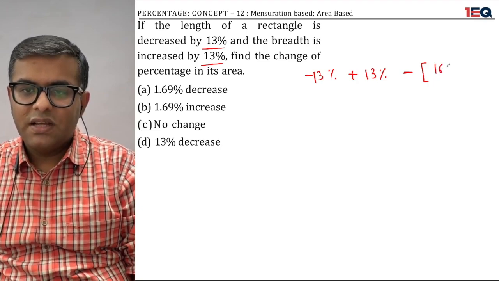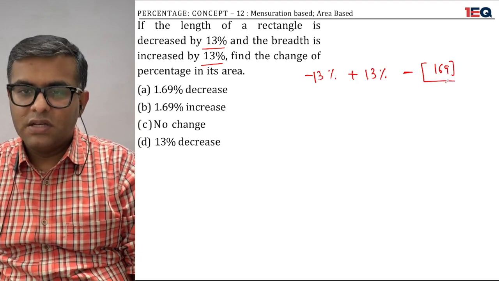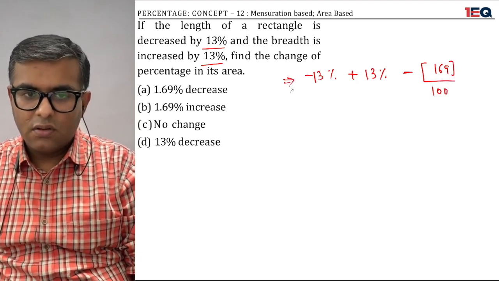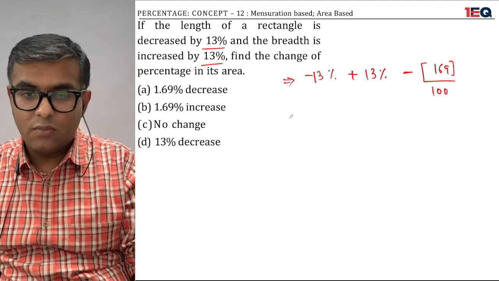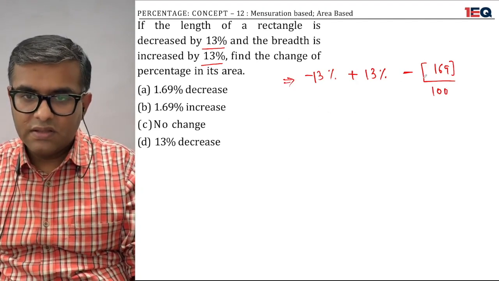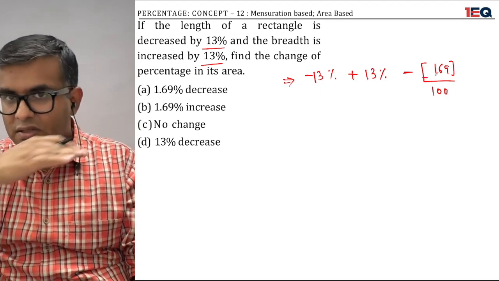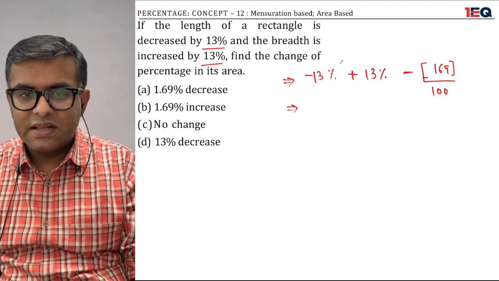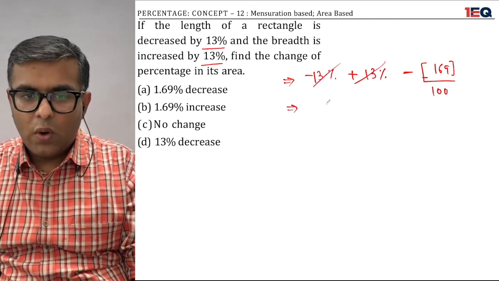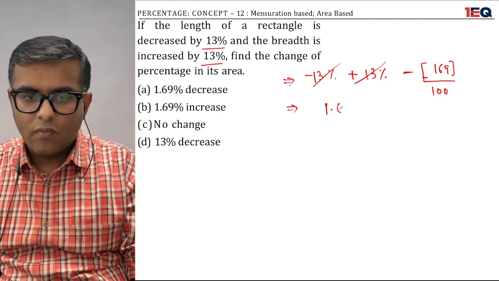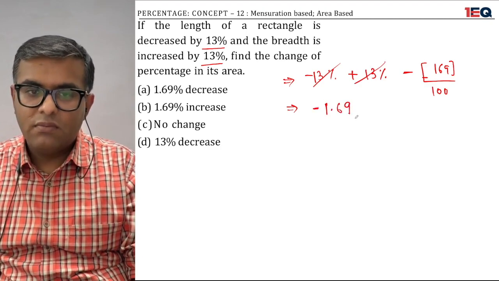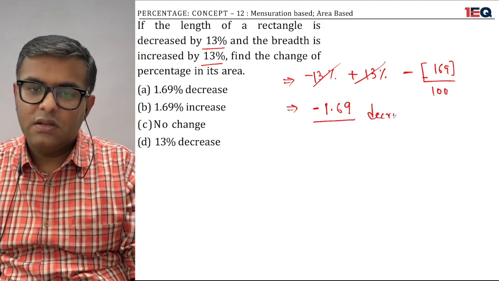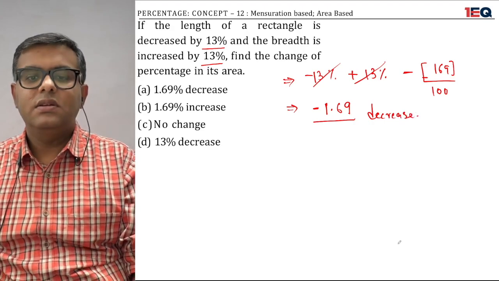So I'm writing 169 here straight away, and to not let the question bulldoze you, I'm also going to write 100 over here. The minus signs cancel themselves, and 1.69 remains with a minus sign, which shows there is a decrease in area.